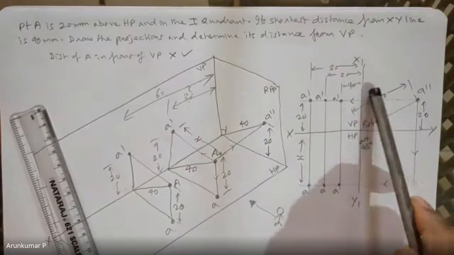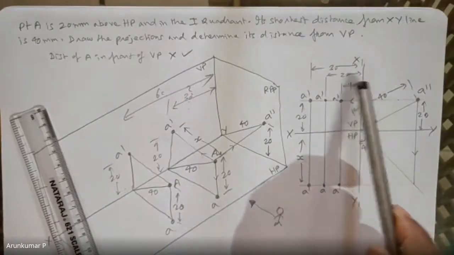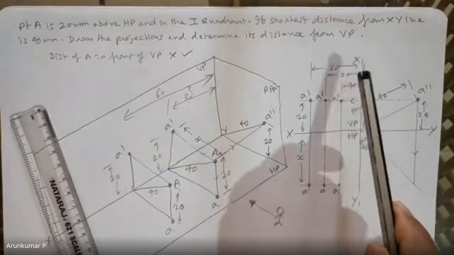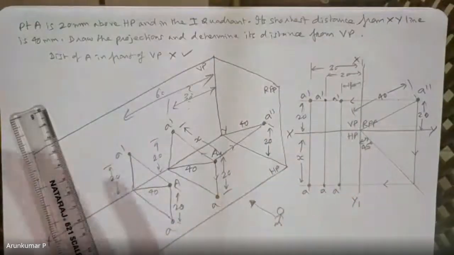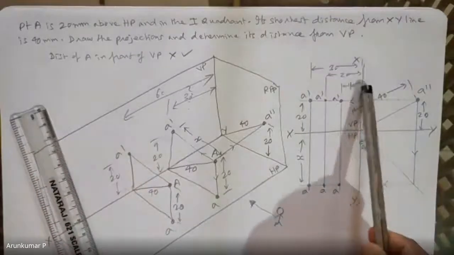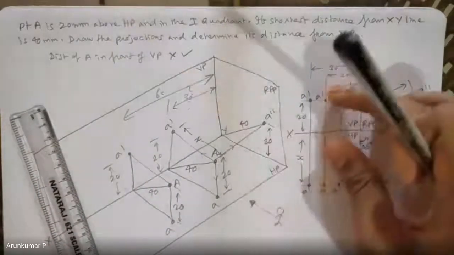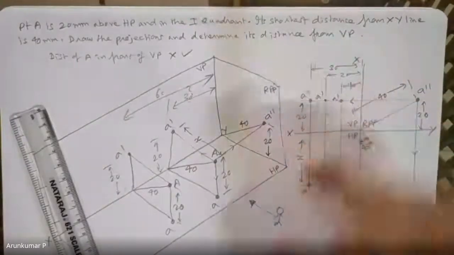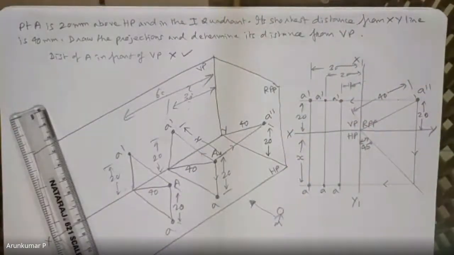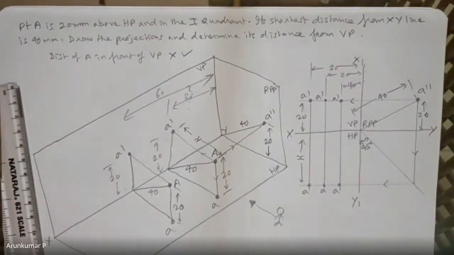So my point is, does it really matter at what distance the point is from RPP? 10, 20, 30, 40, 50, 60, anything? It really doesn't matter. Whatever distance you take and draw, A dash will be 20 mm above and A will be X mm below. That is what I want to show you. Is it clear?